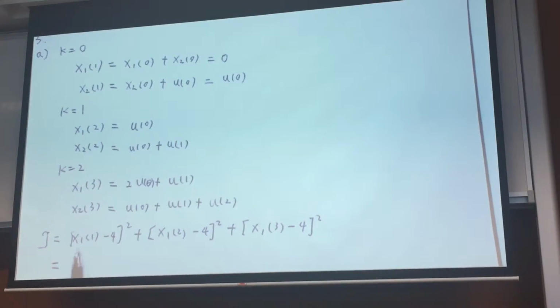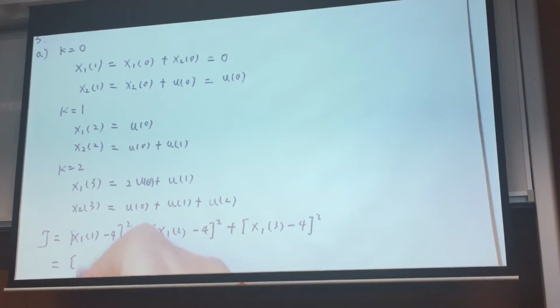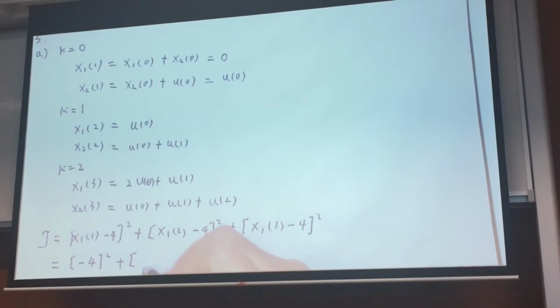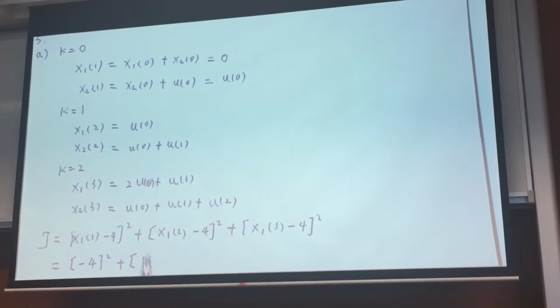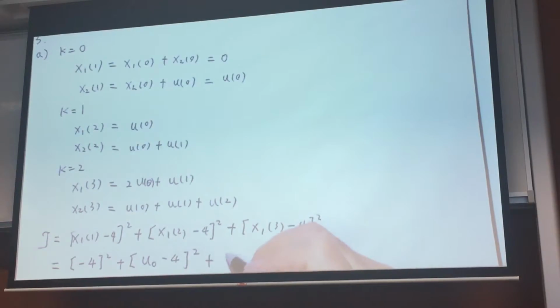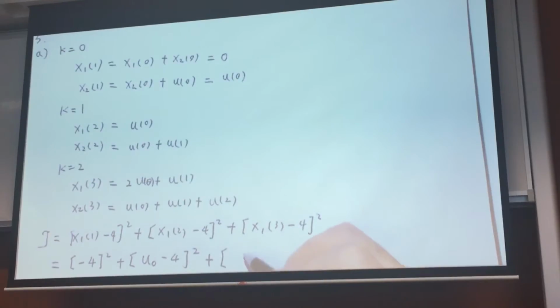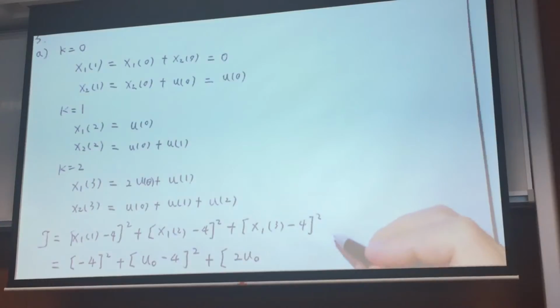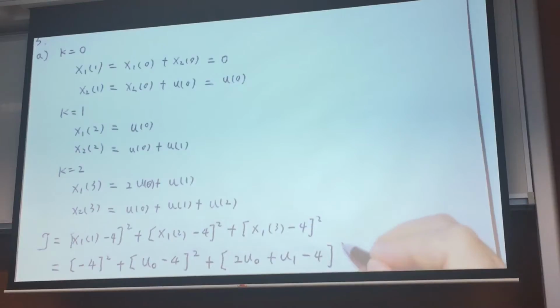So x1,1 equals 0, so it's (0 minus 4) square, plus x1,2 equals just u0. I write the u0 in this form so it's easier to represent. So (u0 minus 4) square plus, x1,3 equals 2u0 plus u1, so (2u0 plus u1 minus 4) square.